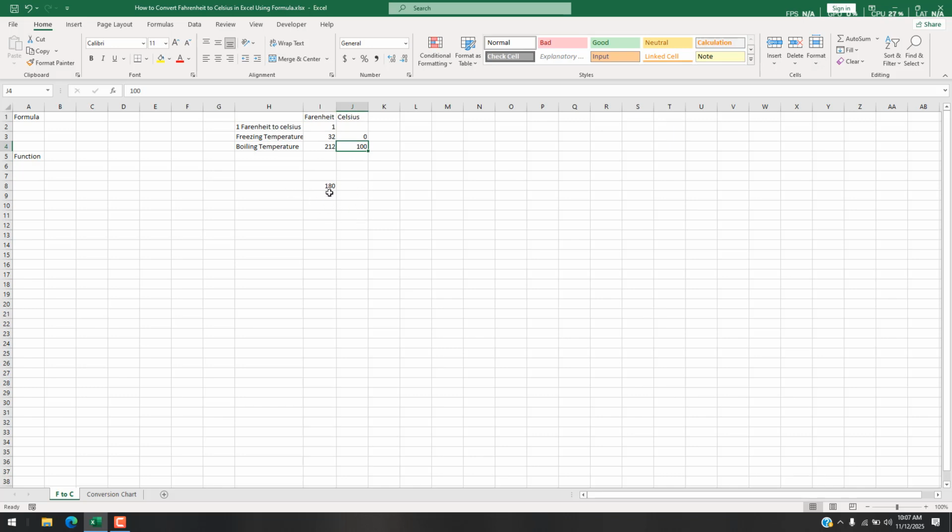So somehow you need to match this scale. So you need to convert this 180 to 100. So what we did here, we deducted the freezing temperature from the boiling temperature. So if we convert this 180 to 100, that means we have 0 to 100 scale placed within this Fahrenheit scale.